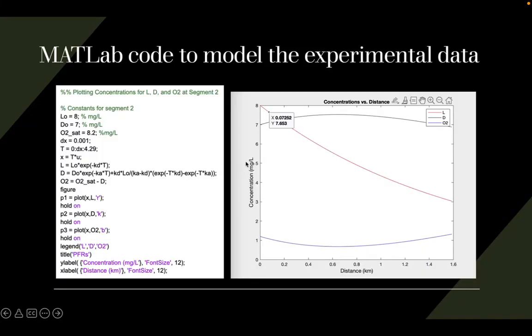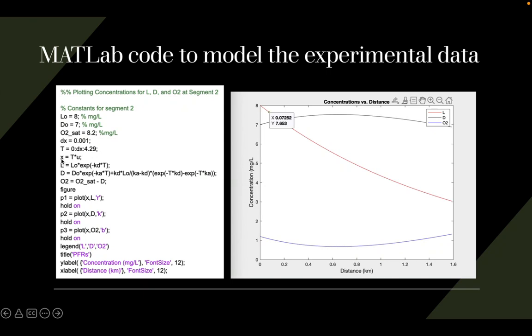Here we have the code, and we're going to walk through some code to model the experimental data at segment 2. We'll start off by plotting the concentrations for L, D, and O2 at segment 2. T is approximated by a very small increment, which is dx equals 0.001.